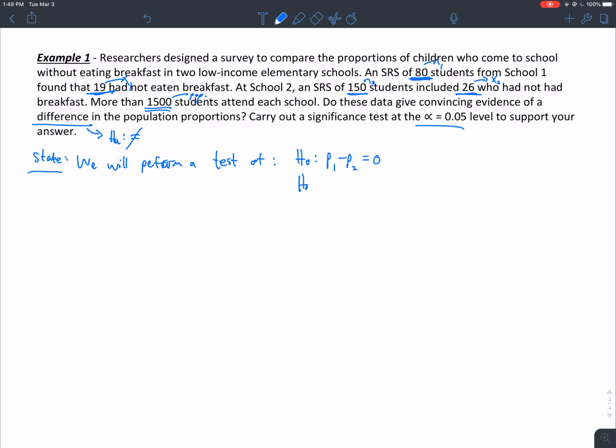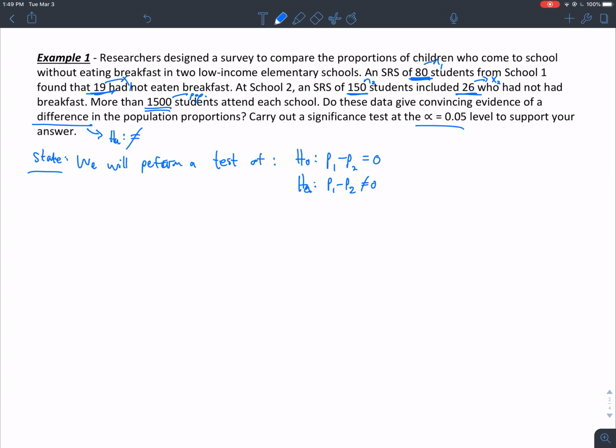And then the alternative hypothesis is P1 minus P2 is not 0. Is there a difference or not? That's what we're saying.